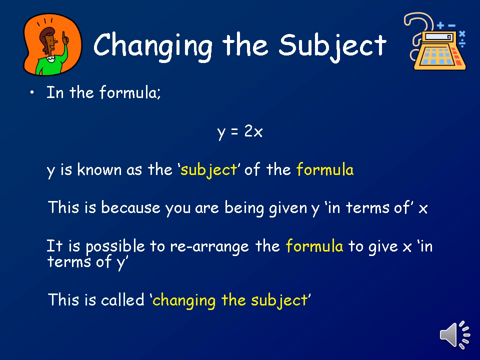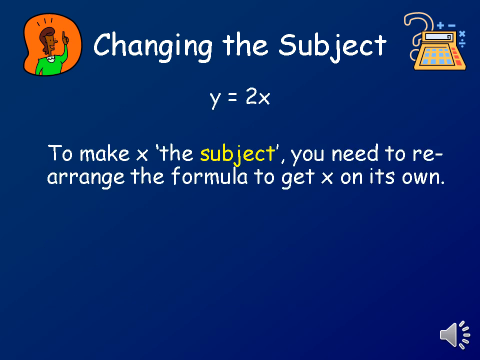And this is called changing the subject. Okay, so we need to make x on its own. So the rules of algebra need to be followed. So what is stopping the x being on its own? The answer is clearly the 2. We need to get rid of the 2. And the other rule of algebra is what we do to one side, we must do to the other side.